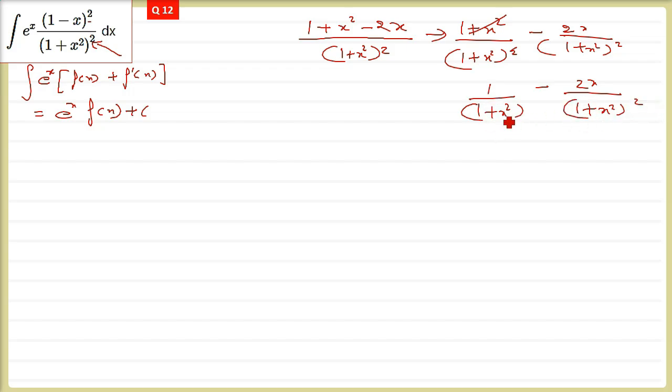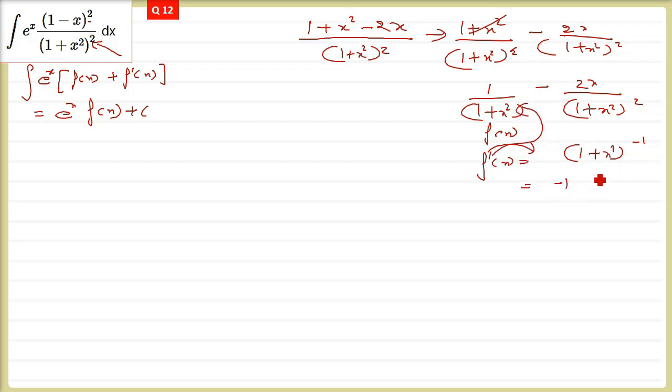Now if you take 1 by 1 plus x square as f(x), then you know the differentiation very well. So negative 2x divided by 1 plus x square whole square is the differentiation, that is f'(x). Let me do the differentiation in front of you so that you understand that the second part which we divided is actually the differentiation. So 1 plus x square to the power minus 1 when we take it upstairs, and now we are differentiating.